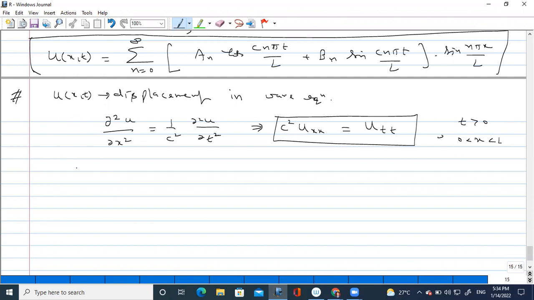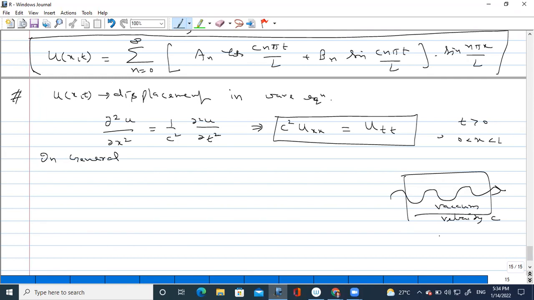So for generalization, in general, because we know sometimes this velocity is not always the velocity of light. If the wave is going through vacuum, then we take velocity c. Suppose a light wave is going through vacuum, then we take c.